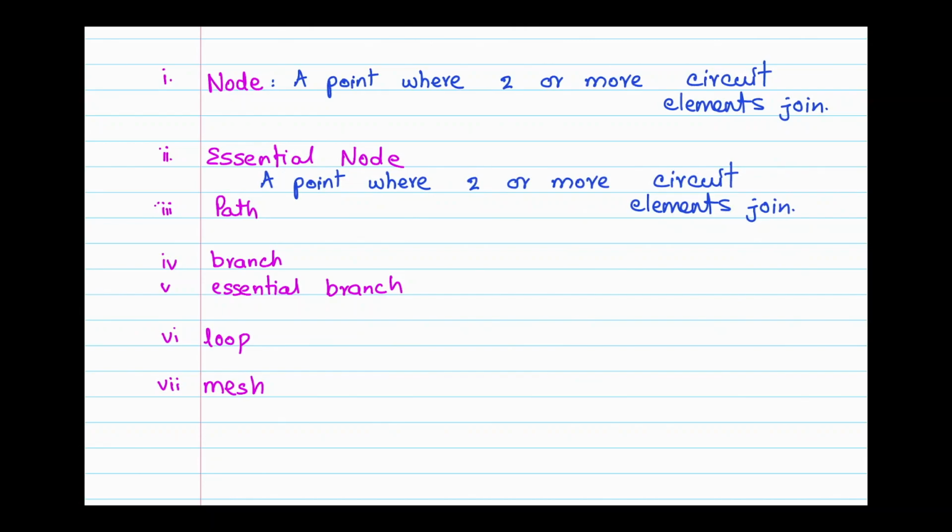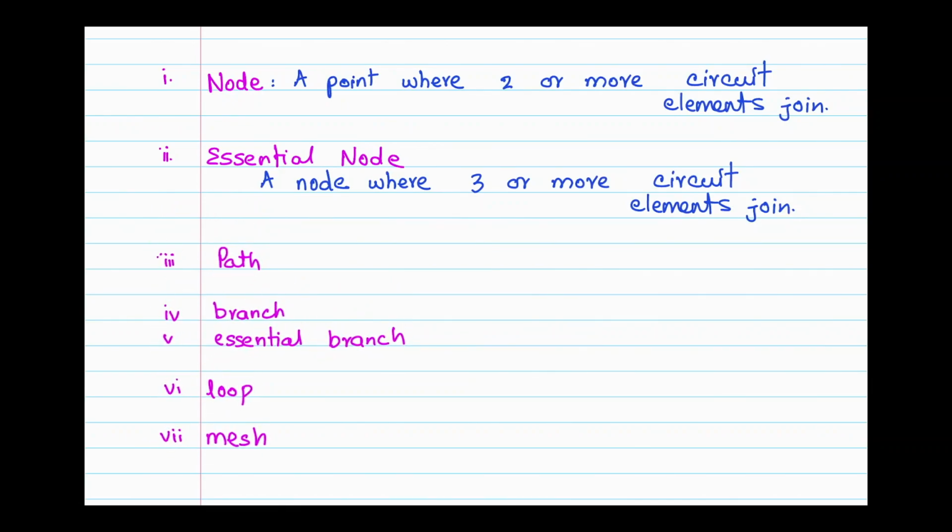So an essential node is really a node where three or more circuit elements join. You see the idea? An essential node is a node where three or more circuit elements join.